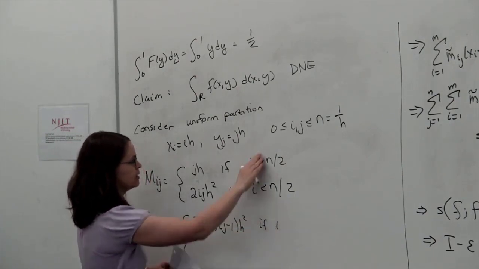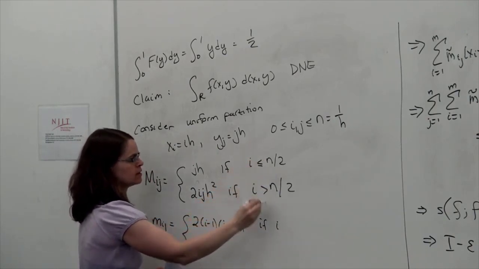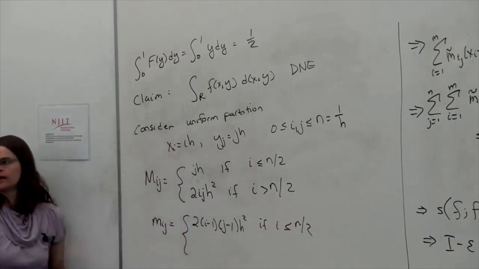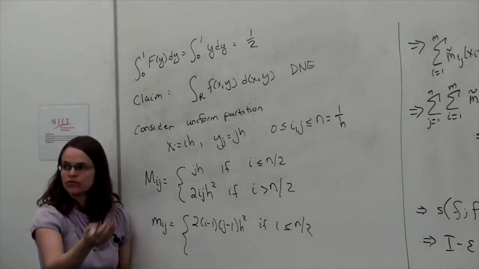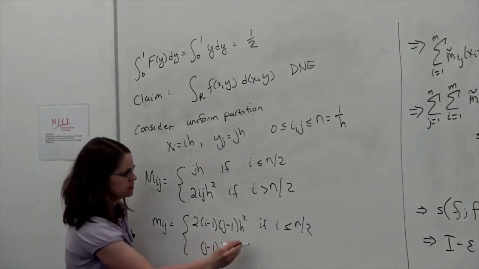Did I do this backwards? And then again, it'll be the other guy if x is bigger than 1/2. So j minus 1 h.